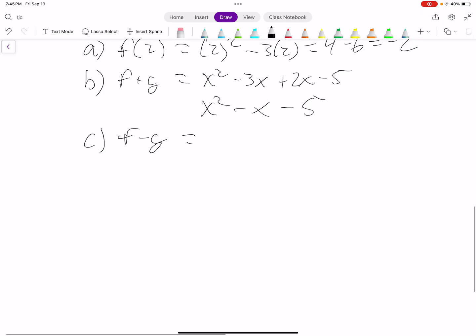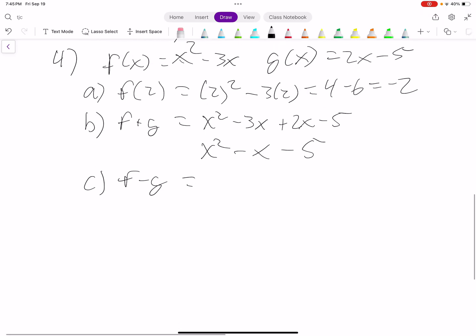This is the f function, which is x squared minus 3x, minus g, which is minus 2x plus 5. Notice I changed both the signs, both here and here. So they both change. Then we combine like terms, and we get x squared minus 5x plus 5.